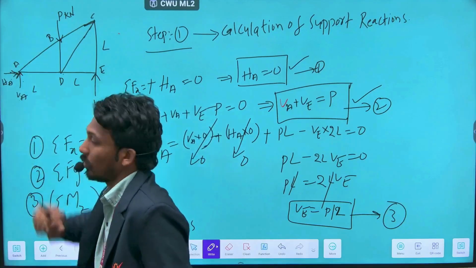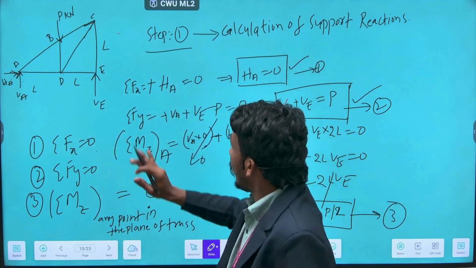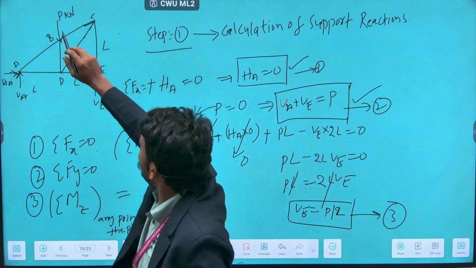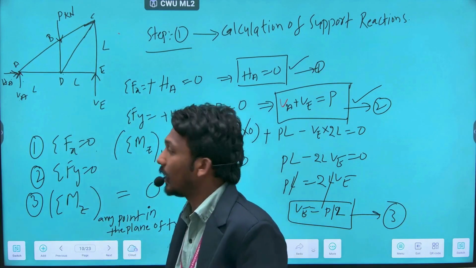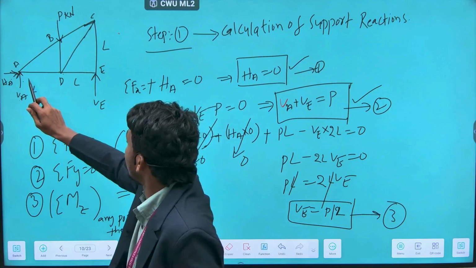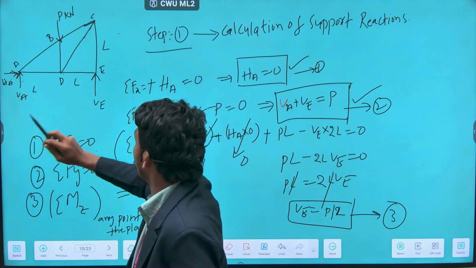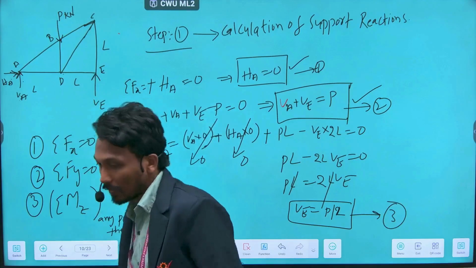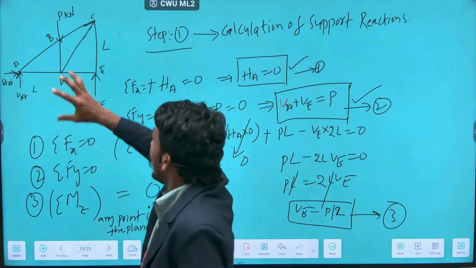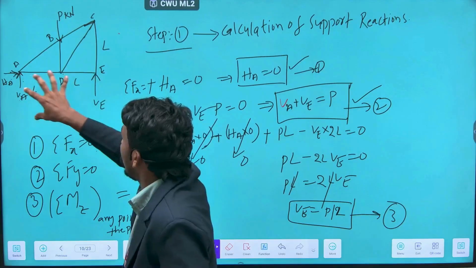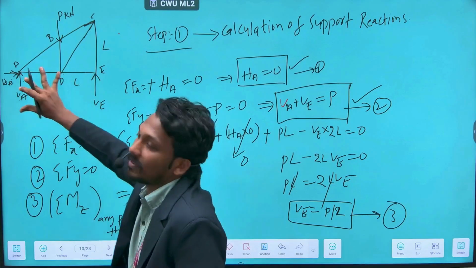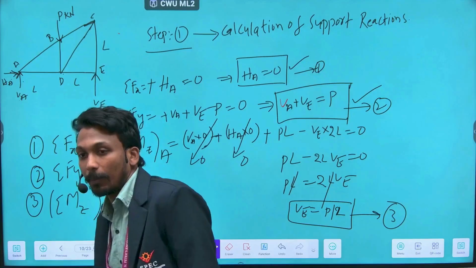So HA is 0. Again, if you observe, this P is acting symmetrically. It is acting at a distance of L from the left support and at a distance of L from the right support. It means this P is equally resisted by these two support reactions.